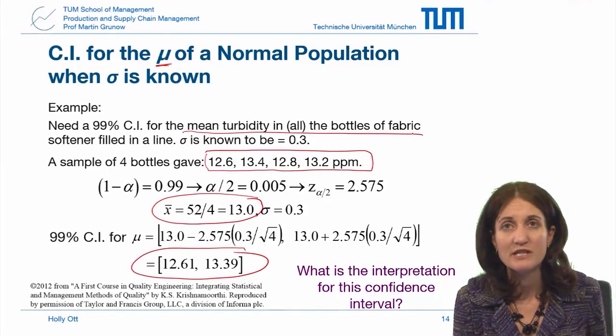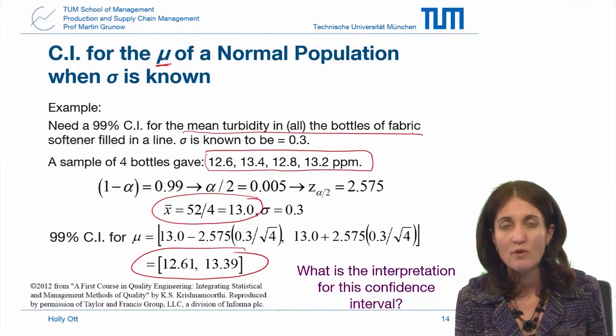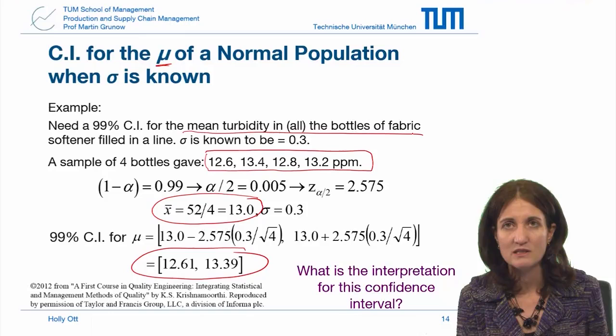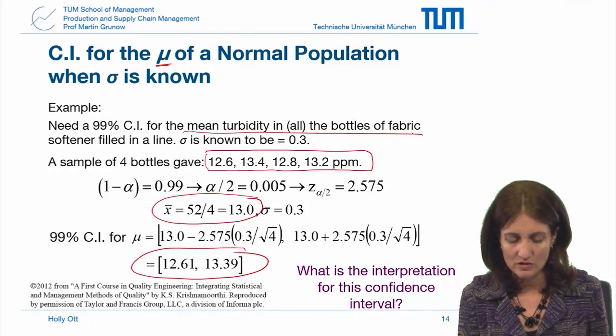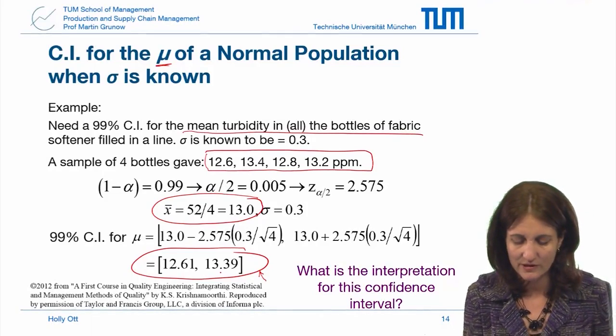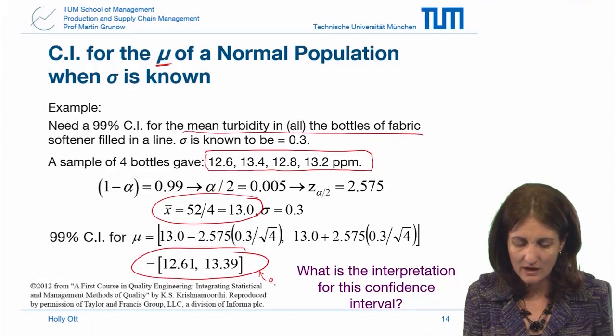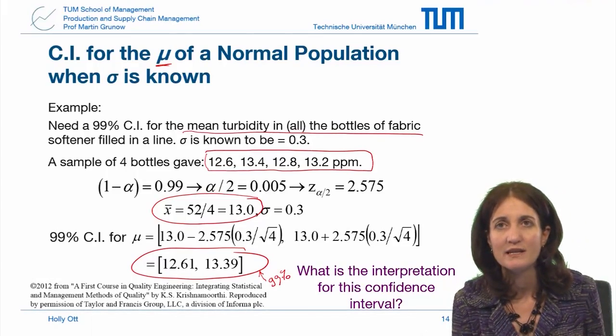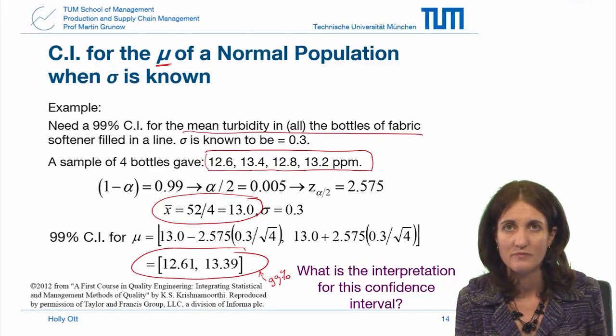We know it's not 13 because we just took a sample of 4, but we can construct a confidence interval around that 13. With this confidence interval, 12.61 to 13.39, we are 99% confident that our true mean lies within that interval.